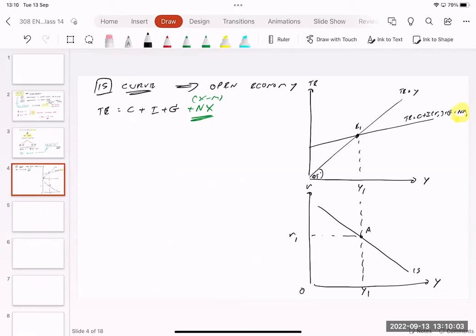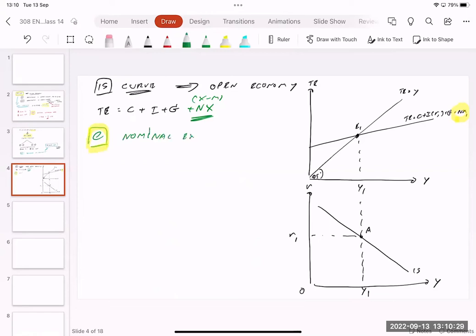Since I'm adding export and import into the model, inside the total expenditure, the next thing I'm going to show you is how NX is going to change. The main factor that can change the level of NX is E. As you remember, E stands for the nominal exchange rate.